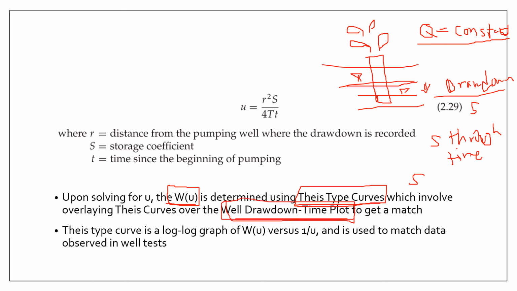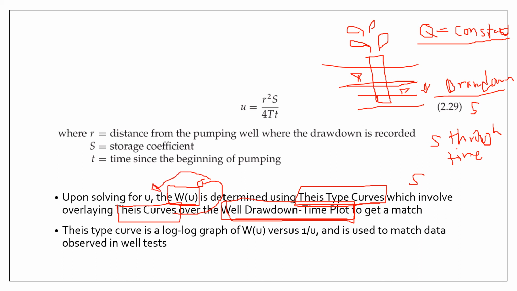So we plot this data, and then to be able to use the Thiess equation, we have to overlay the Thiess curve, which will allow us to get W(u) and also u.